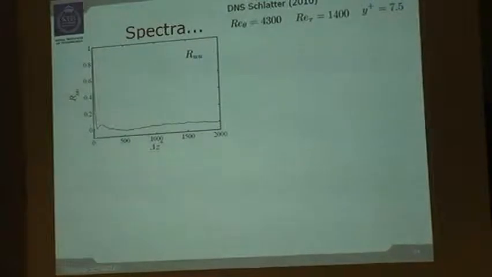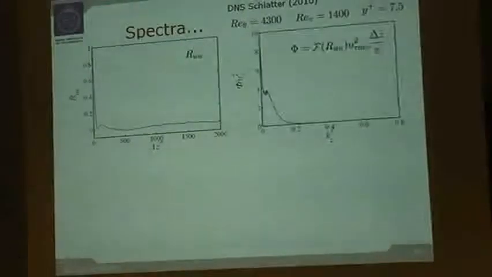We have here a first minimum, which corresponds to the streak spacing. So this will be on the order of 50, 60 plus units separation. We also have here a deeper dip, which corresponds to exactly these larger scale motions that I mentioned before. But this will be seen later on.